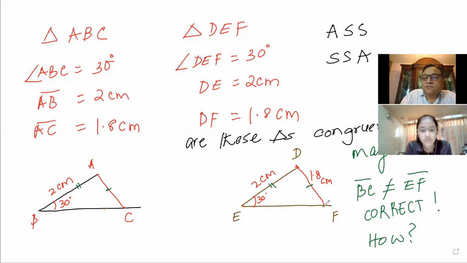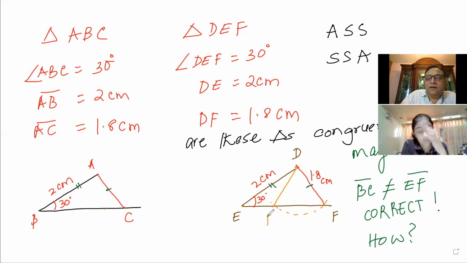So how will you make this as 1.8? You will take a compass, open it 1.8 centimeters and make an arc, right? So wherever the arc cuts this line, you get your triangle. Is it okay? You see it can cut at 2 places. So you could have a triangle which could be like this.